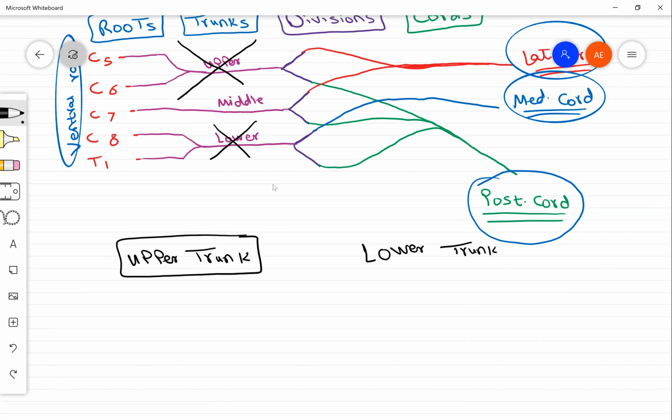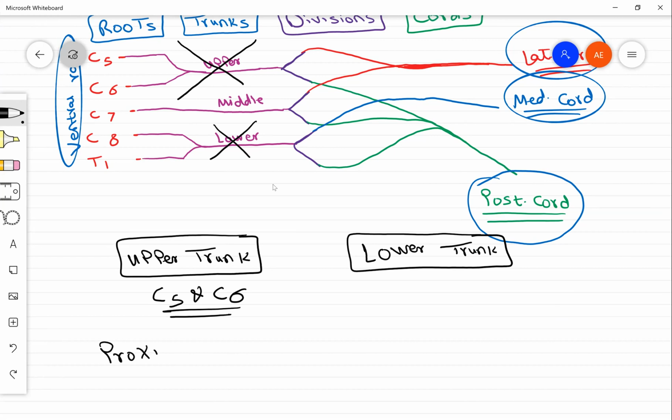Okay. The upper trunk, which is formed by C5 and C6, supplies the proximal part of the upper limb. What is the proximal part? The shoulder and the elbow.